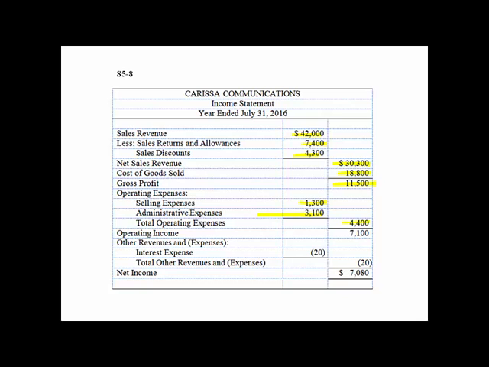So that gives me my operating expenses are the sum of these two right here. And so then gross profit minus operating gives me my operating income. Then I have one other expense, so I subtract that off, and that's my total net income. So the operating income is just how the store is doing on its own.